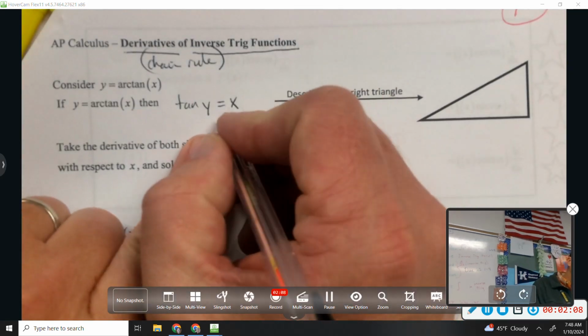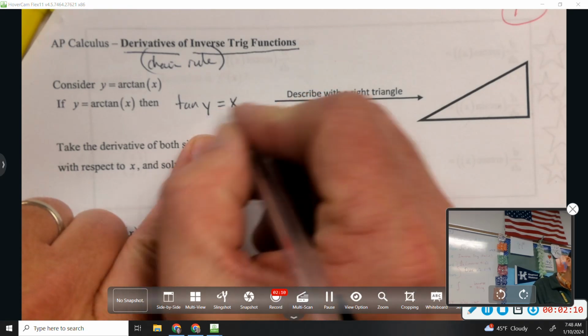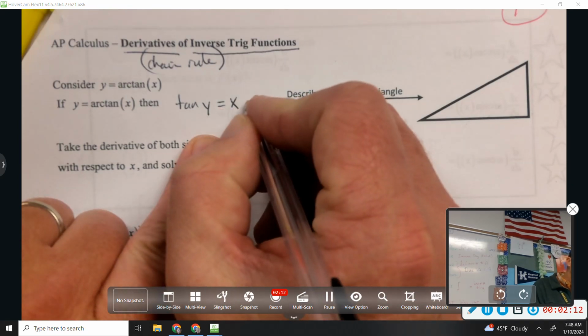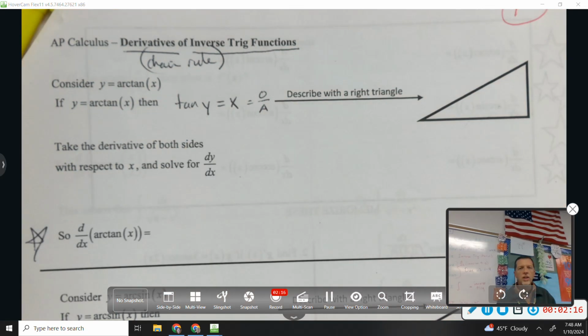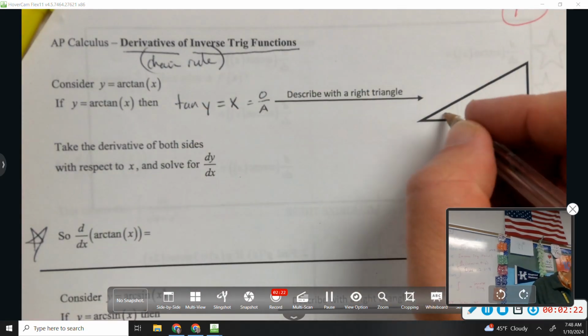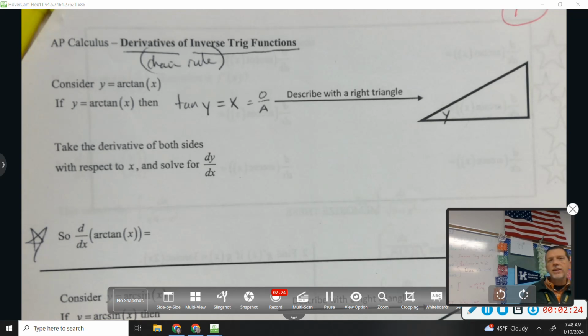Well, the rule for tangent is the tangent of an angle is opposite over adjacent. So let's put this on the triangle. Y would be an angle, since we're taking the tangent of it.